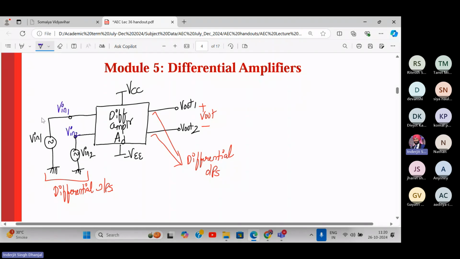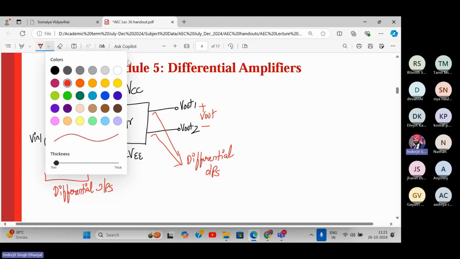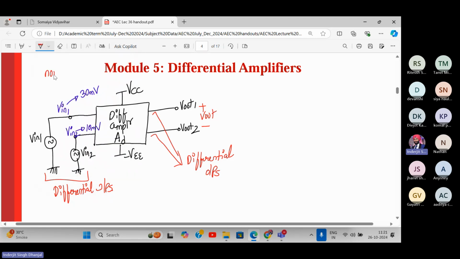Let's say V in 1 is 30 millivolt and V in 2 is 10 millivolt. Noise is already present. Let's say noise is coming from an external environment and influencing the V in 1 and V in 2 signals.